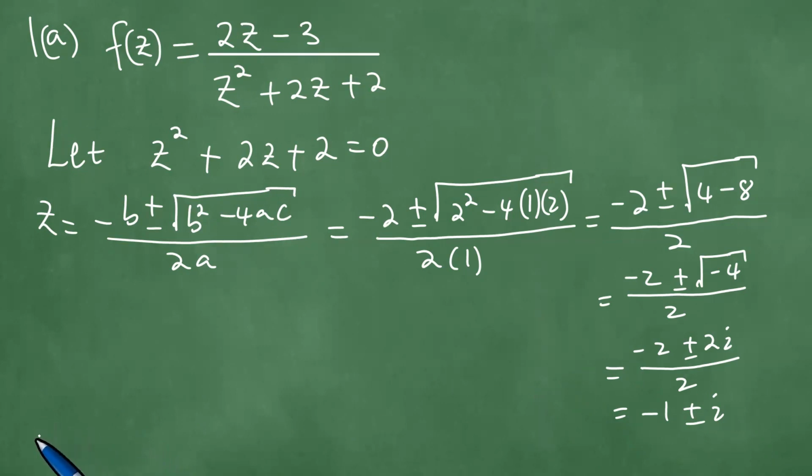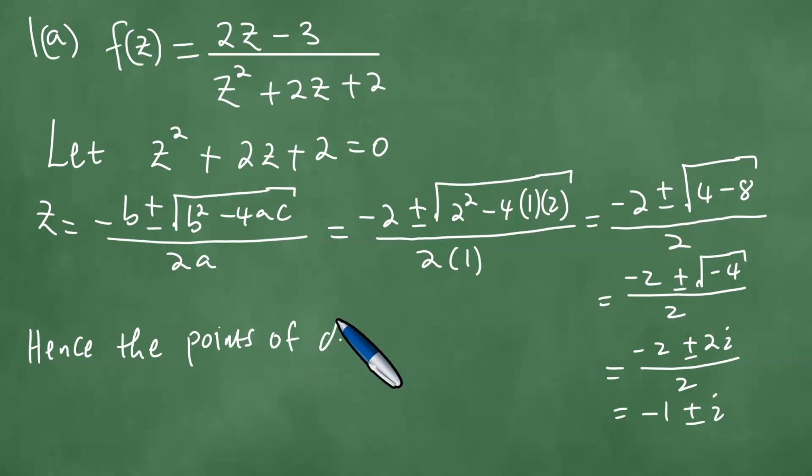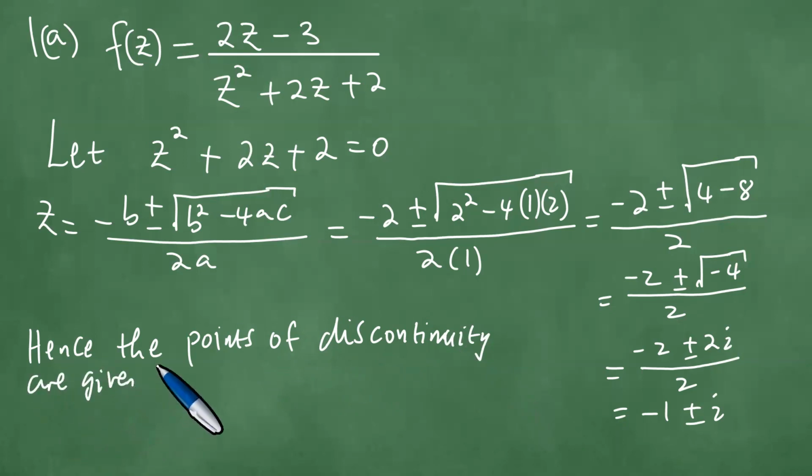Hence the points of discontinuity are given by z equals minus 1 plus i, and the other one is z equals minus 1 minus i.